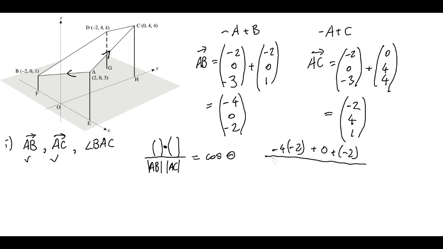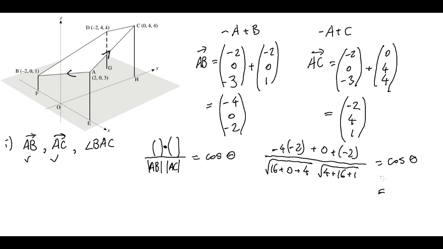The magnitude is always the square root of all of its components squared and summed. So 16 is minus 4 squared plus 0 squared plus minus 2 squared, that's 4, and multiply that by the square root of 2 squared plus minus 2 squared, which is 4, then add 4 squared, which is 16, then add 1 squared, which is 1, and this will equal cosine of theta.